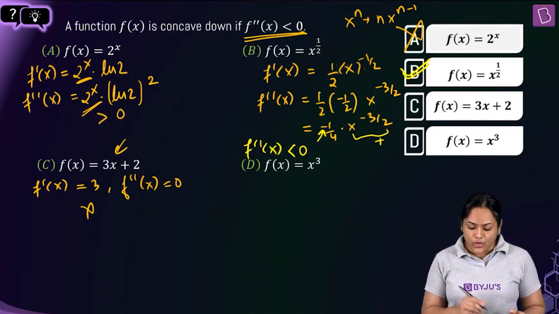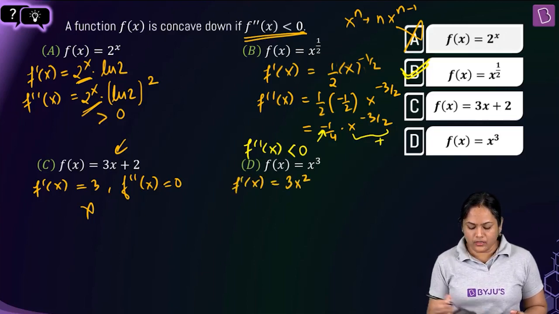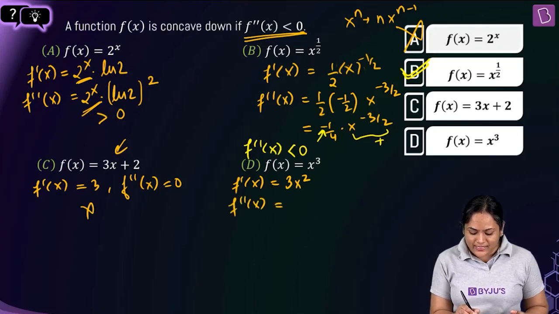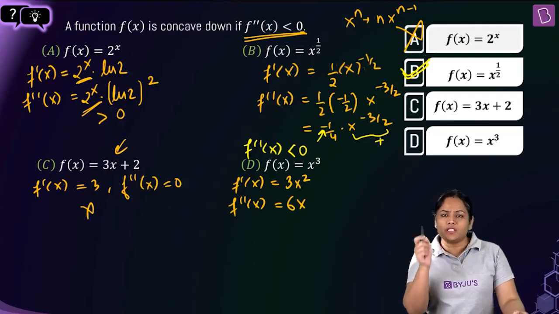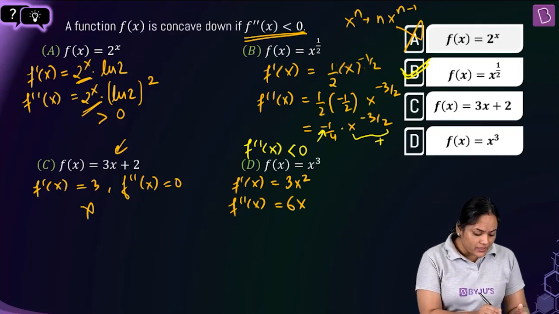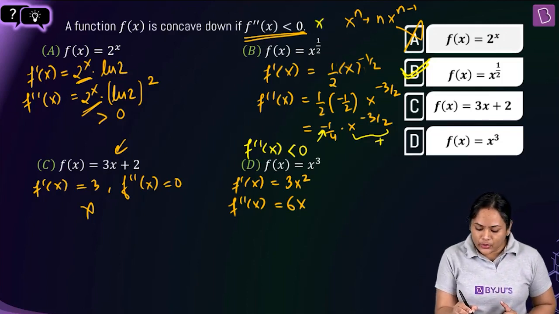x cube. Now here when I differentiate, I'm going to get my f dash x as 3x square. And further when I differentiate, f double dash x comes out as 6x. Now this will be somewhere positive, somewhere negative. But remember guys, in the question they asked about only the interval when x is greater than 0.